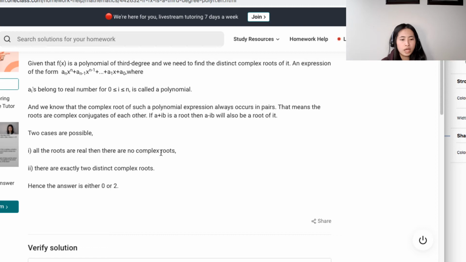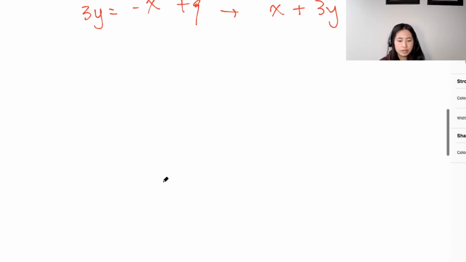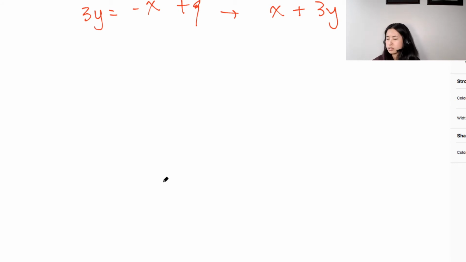The second point being there are exactly two distinct complex roots. So in that case, you would have... This is just me giving you an example to further illustrate that, because it's a very general question. When they're trying to allude to the second point, let's say you have x minus 5, and this is multiplied by x squared plus 4.